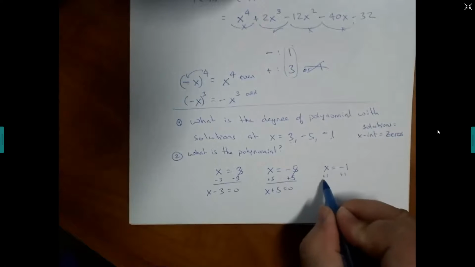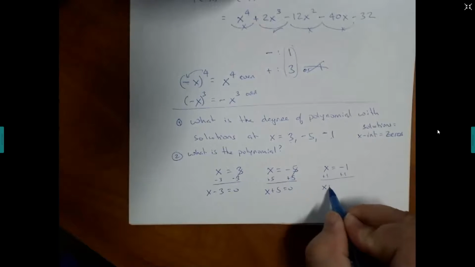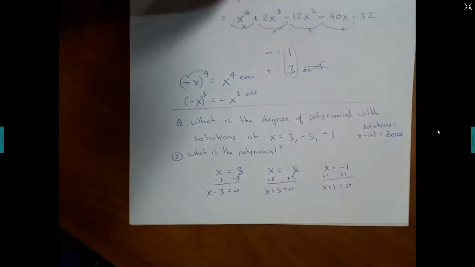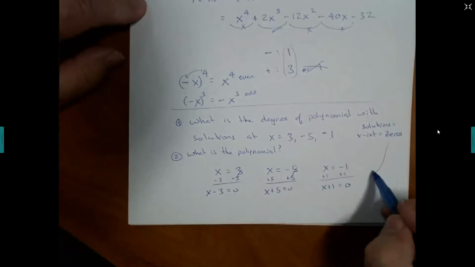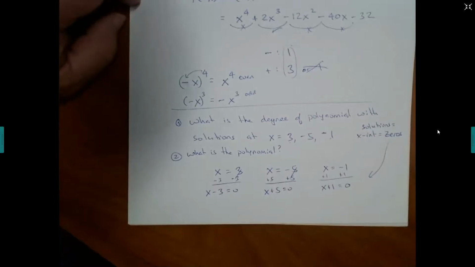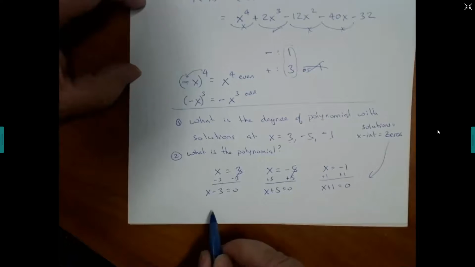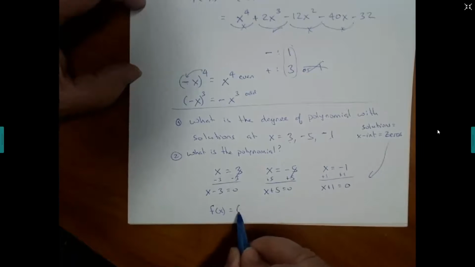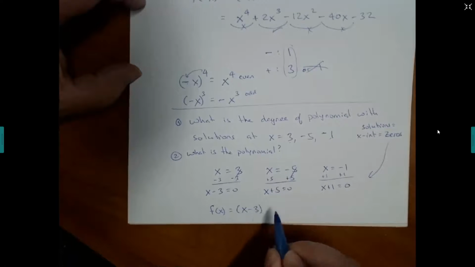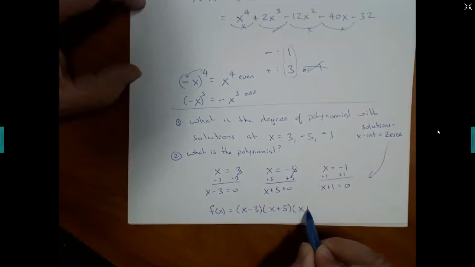Add 1 to both sides, because we want them to equal 0. Now we know our polynomial is made up of x minus 3, x plus 5, x plus 1.